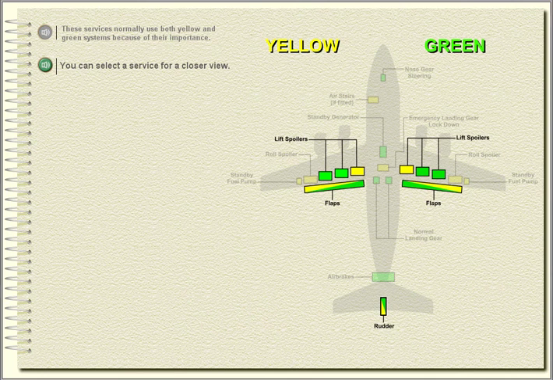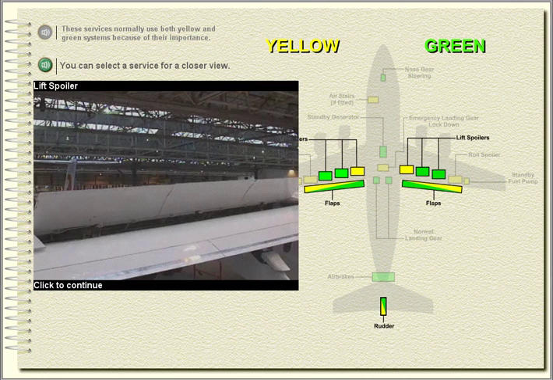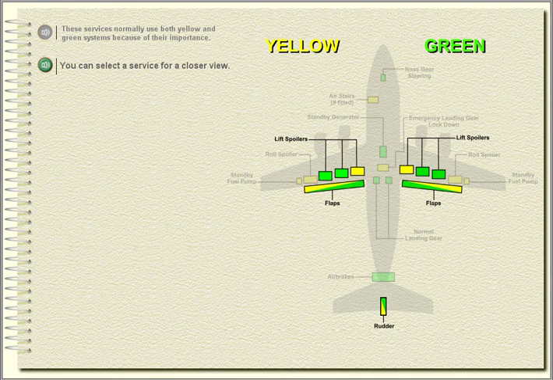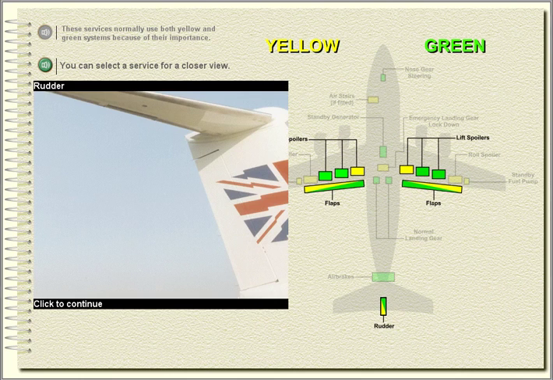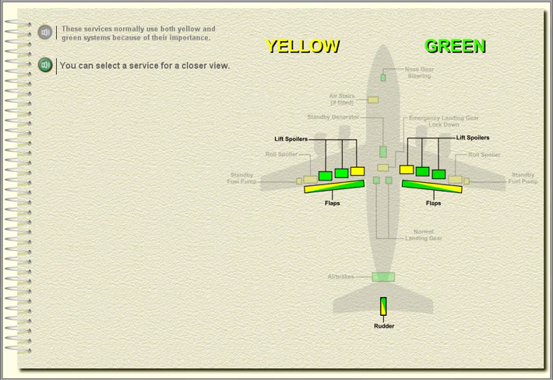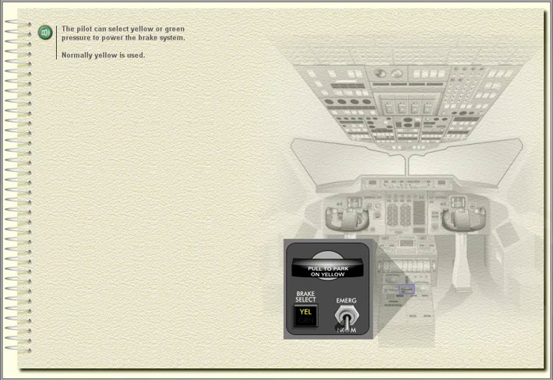You can select a service for a closer view. The pilot can select yellow or green pressure to power the brake system. Normally, yellow is used.